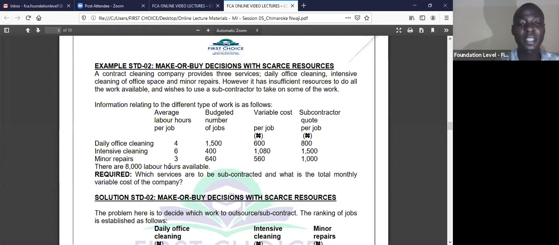The question here says, which services are to be subcontracted and what is the total monthly variable cost of the company? So let's look at the solution here. Let's look at the solution page here.